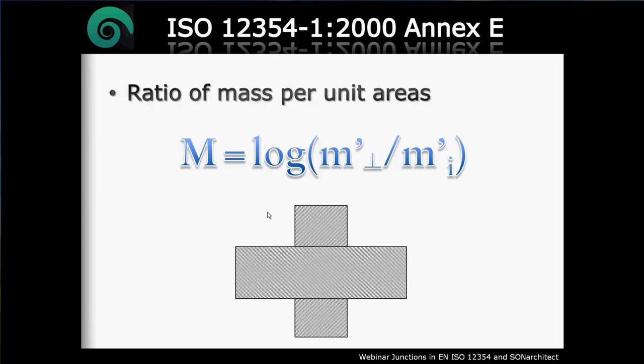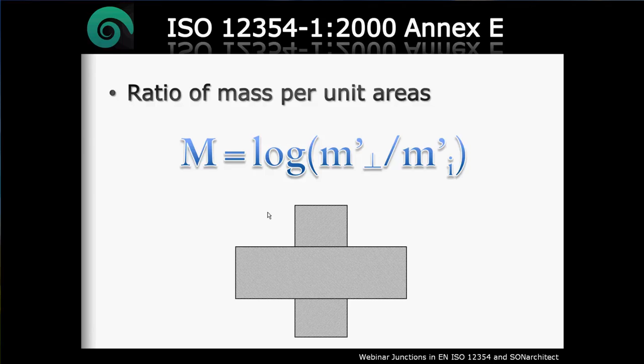But basically, in order to calculate the reduction of the vibrating energy from one element to another element, the first thing that we need to make this calculation is to know the ratio between the masses per unit area of those elements.